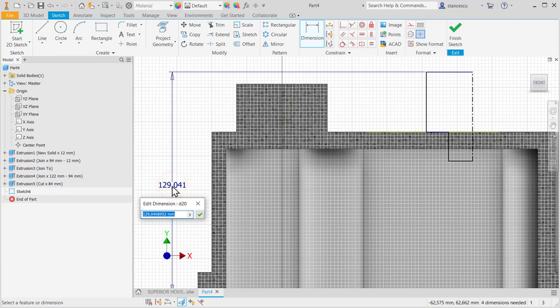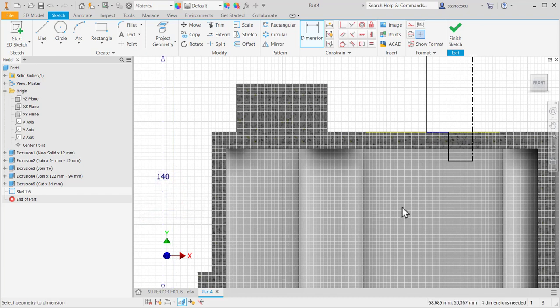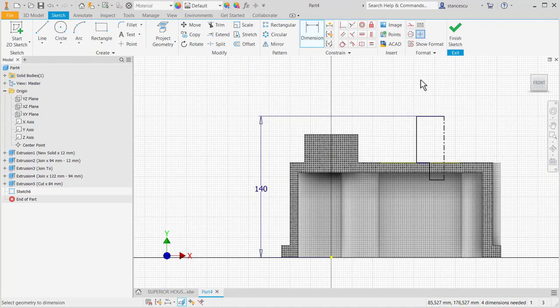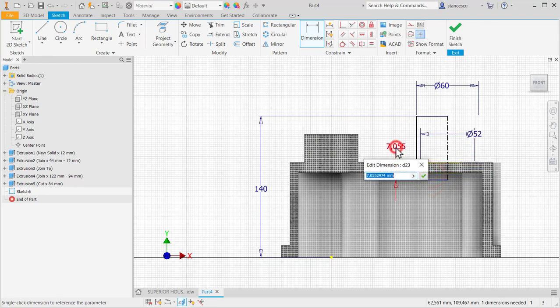Okay, 140. Diameters 60 and 52, as we remember, and the distance of 12.